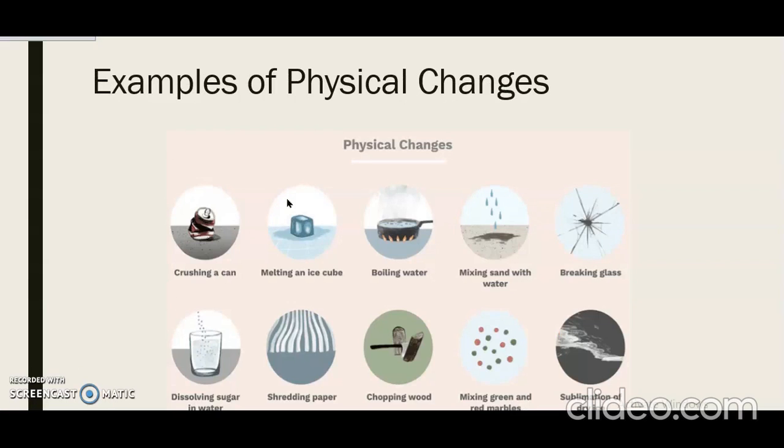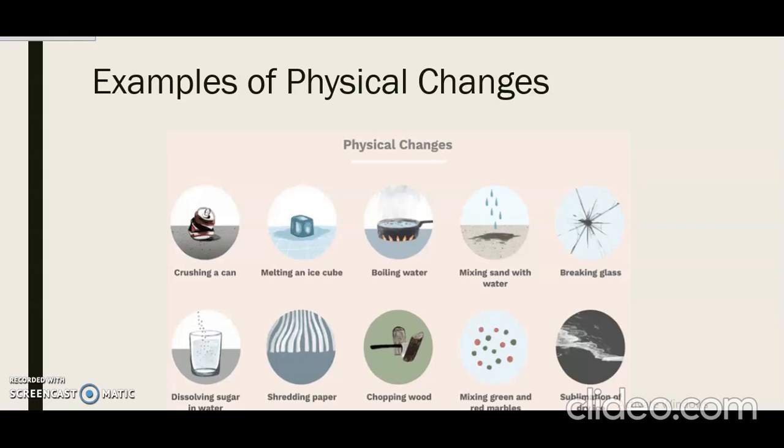Examples of physical changes. Crushing a can. When you crush a can and look at it, you can still identify the can, right? So there is just a change in the physical properties. The physical properties remain the same. There is no new substance formed.